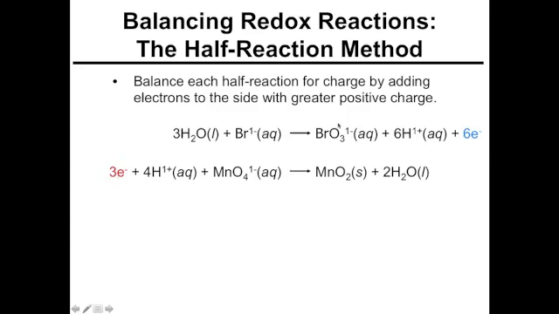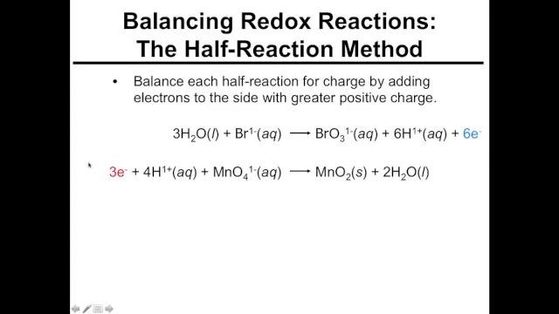So the number of electrons being transferred must always be the same. So I need to multiply this half reaction by some coefficient. Now sometimes you may need to multiply both, but in this one we could multiply the second half reaction by 2, and that would give us 6 electrons, which would equal the number of electrons being lost in our first half reaction.